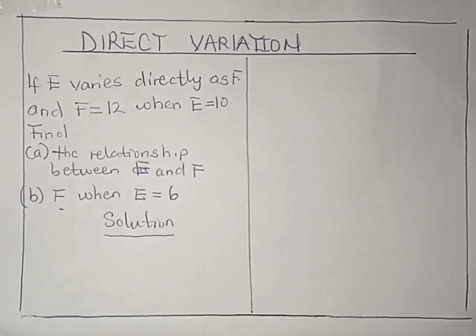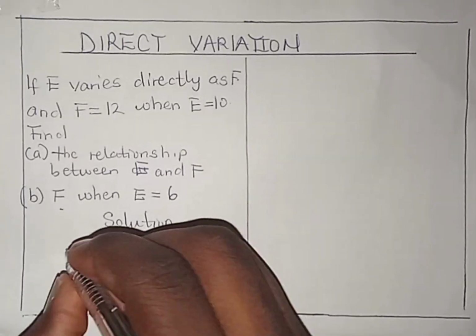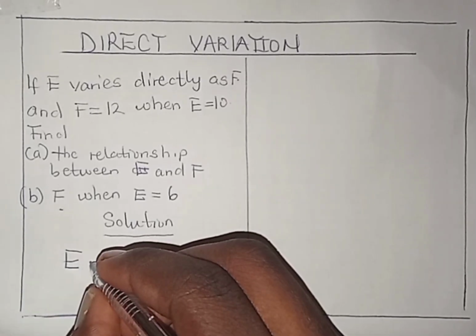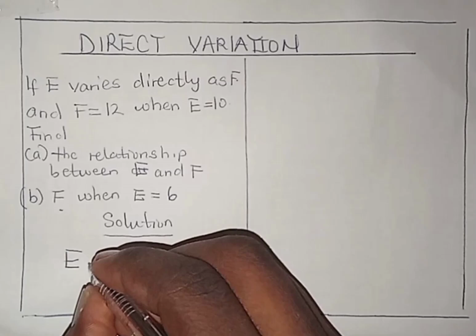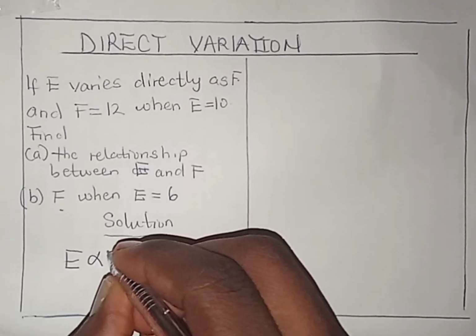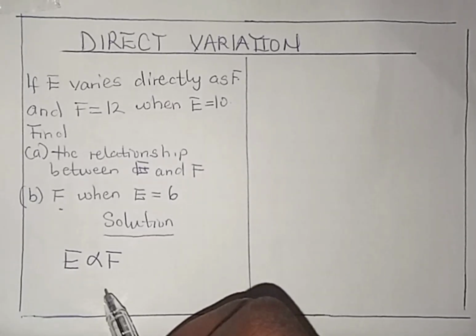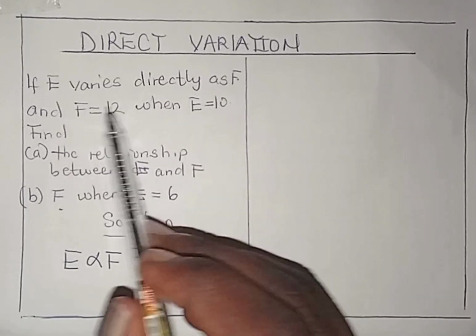So the first thing we are expected to do is express the first part of the question in a mathematical format. So let's write down the mathematical expression of the first part of the question: E, the variation sign, F, E varies directly as F. So this is the mathematical expression of the first part of the question.